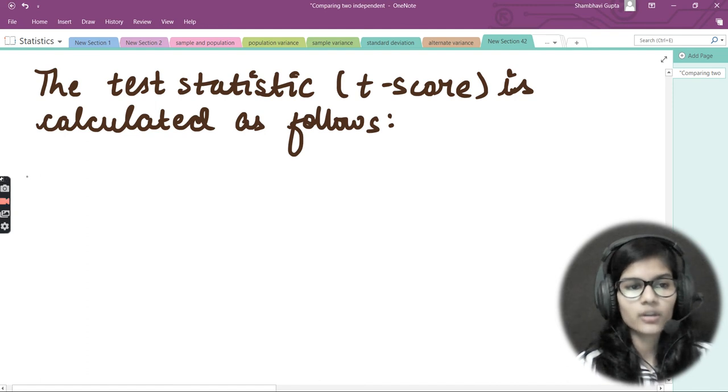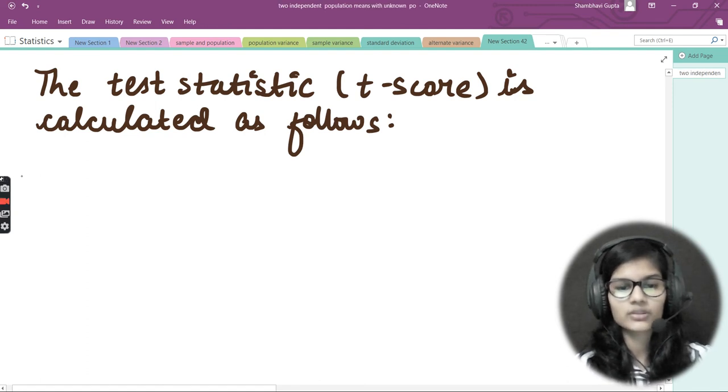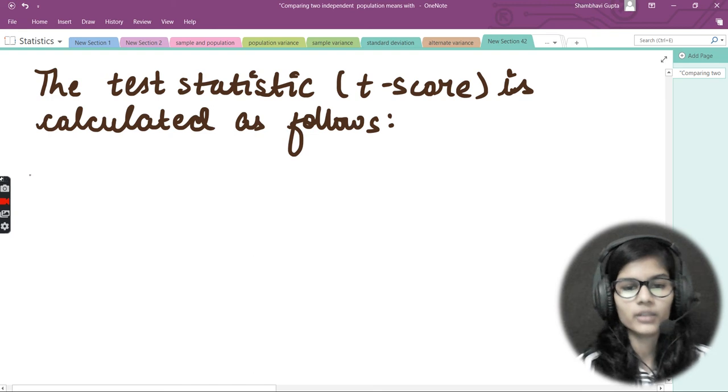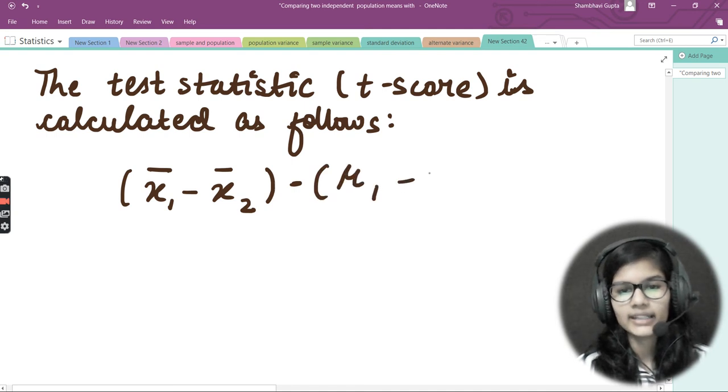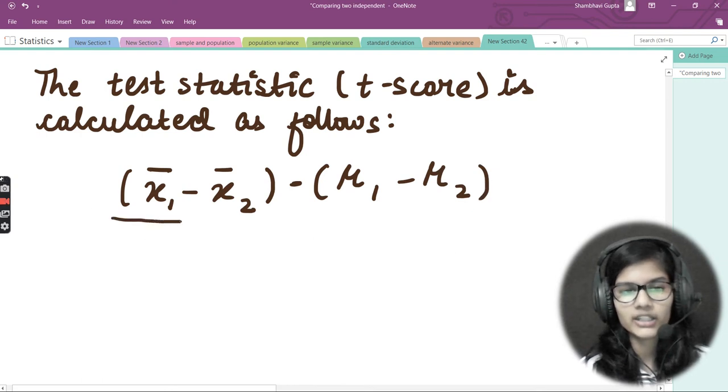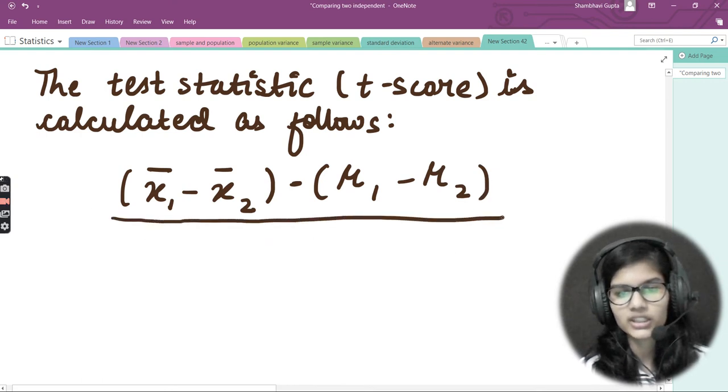Now let's put out the formula for calculating this t-score. So here I have the formula which is x1 bar minus x2 bar. This is the same mean which we had calculated above. Subtraction with mu1 minus mu2. Just hold on for a while, I'll let you know what these x1, x2, mu1, mu2 are.